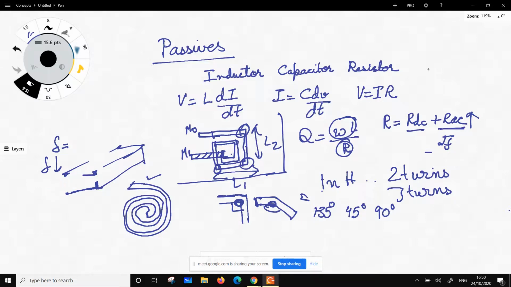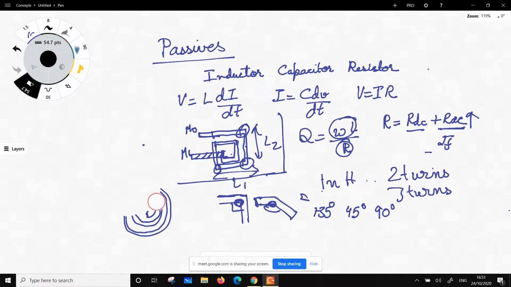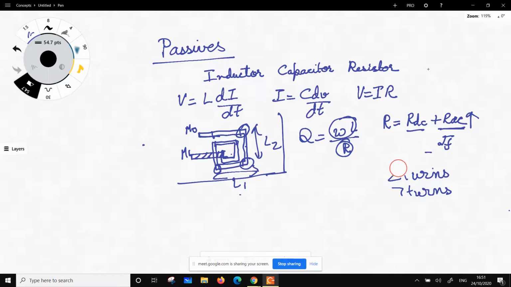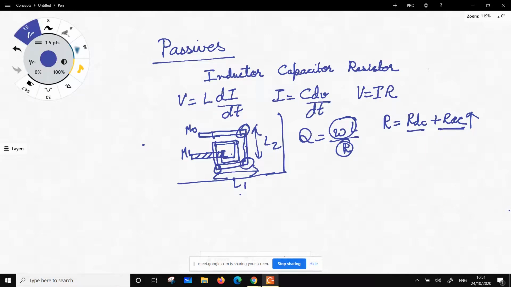And second thing is, when you make an inductor, there are other things which come in. We have talked about the series resistance, which is something unwanted. Series resistance is unwanted, and we want to minimize it. So that's one goal.